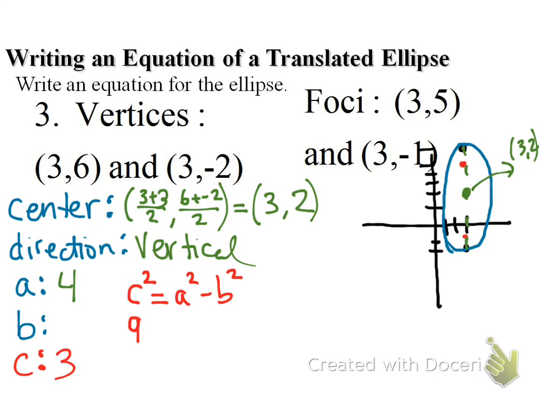So this would be 9 equals 16 minus B squared. So when I subtract 16 from both sides, I get negative 7 equals negative B squared. So what's B? Oh, you can make them both positive and then take the square root, right? So B is? Square root 7. Good.